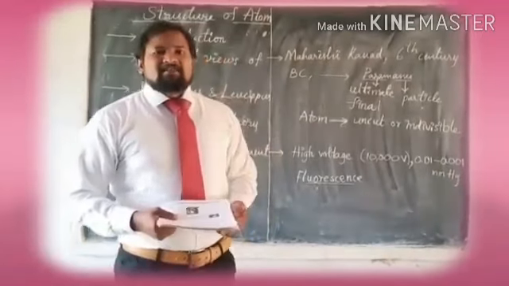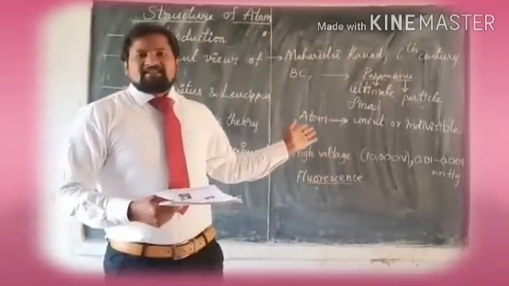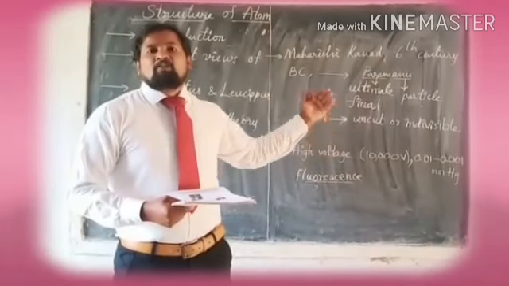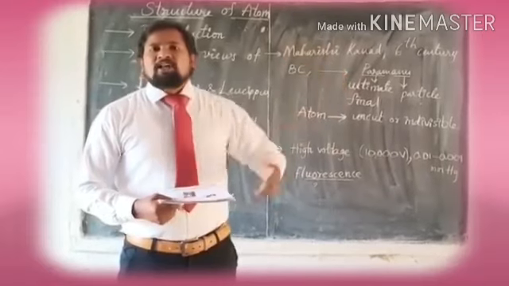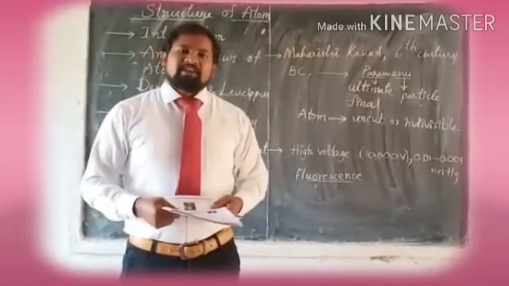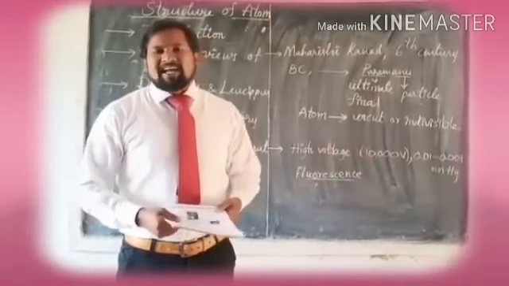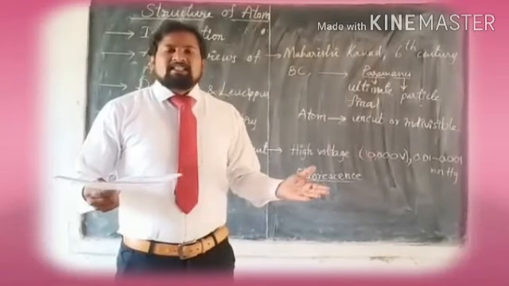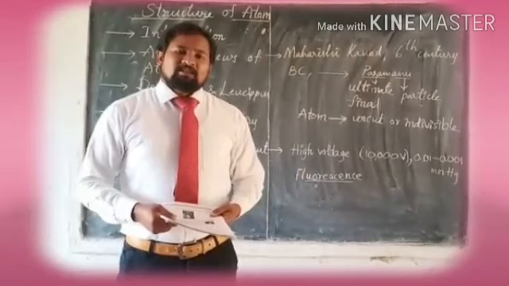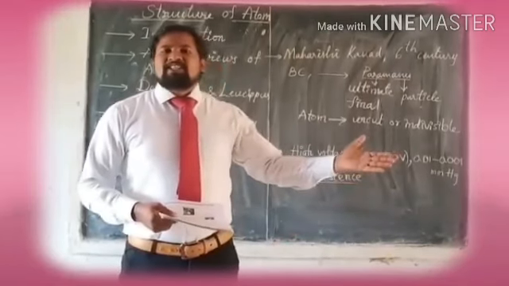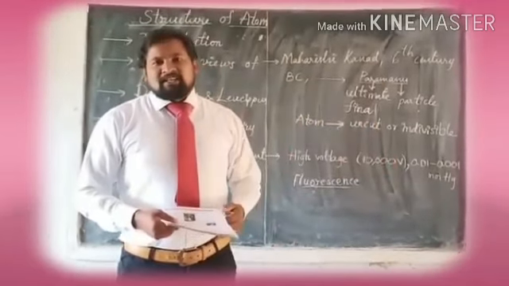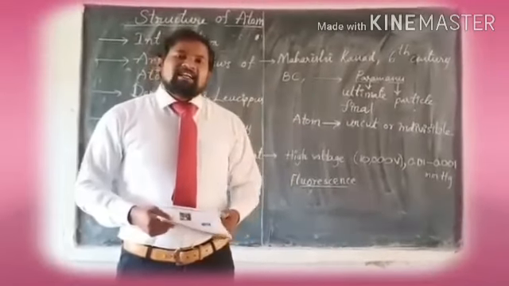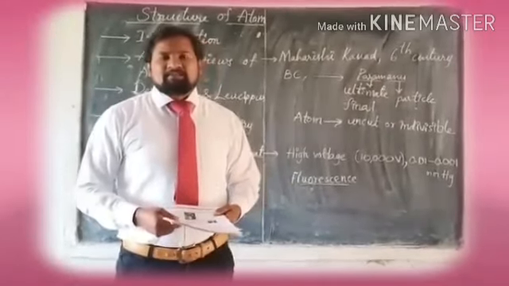But here, the theory introduced by John Dalton was opposed by modern atomic theory in each and every aspect. Only one aspect that was similar to the modern atomic theory was that the atom is the tiniest particle which is indivisible and takes part in a chemical reaction.